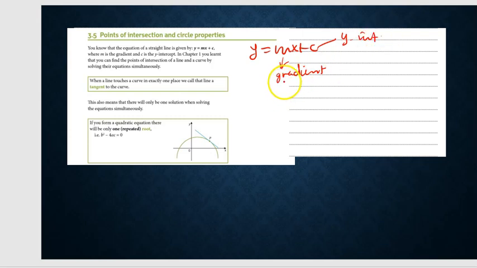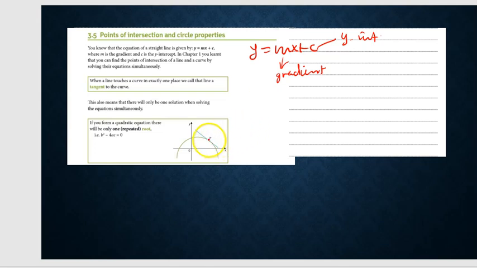From chapter 1, you learned that you can find the point of intersection of a line and a curve by solving their equations simultaneously. That means that when a line touches a curve in exactly one place, we call that line a tangent.